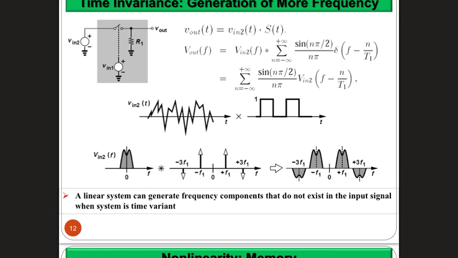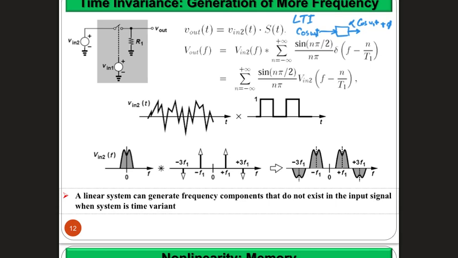First of all, remember that for a linear time invariant system, if you put some input, let's say a single cosine, cosine omega 1t, what you will get at the output is definitely the same frequency, omega 1t, but you might have some phase shift and some amplitude factor, right?